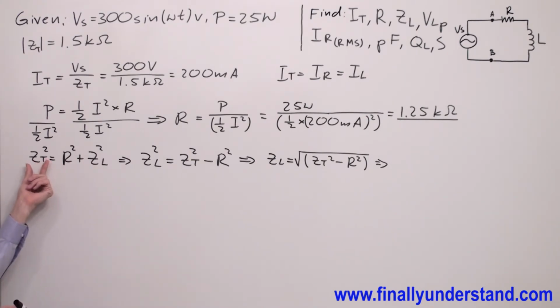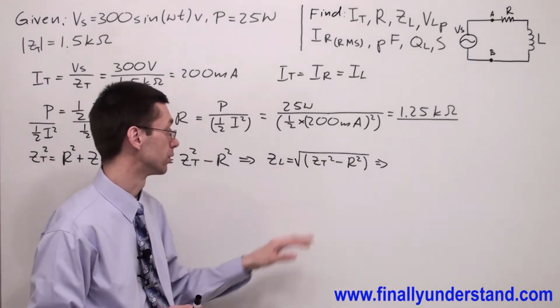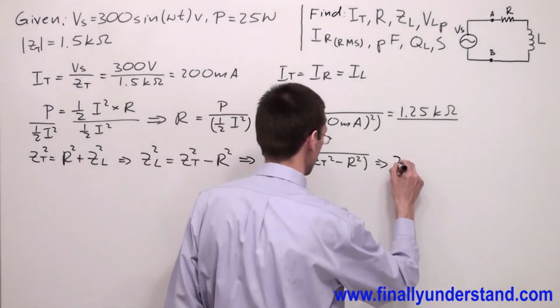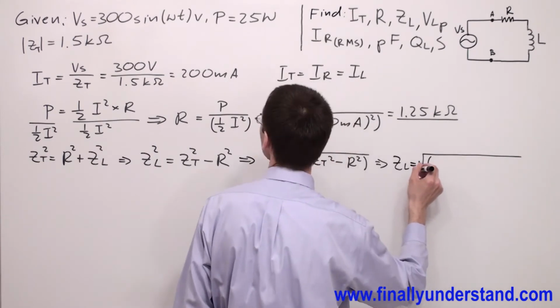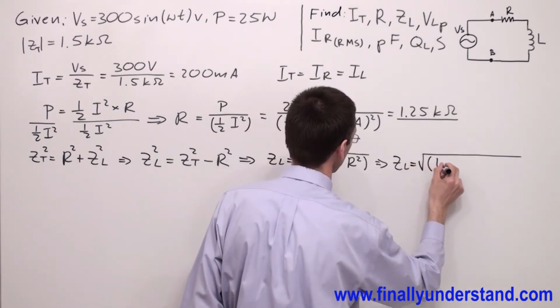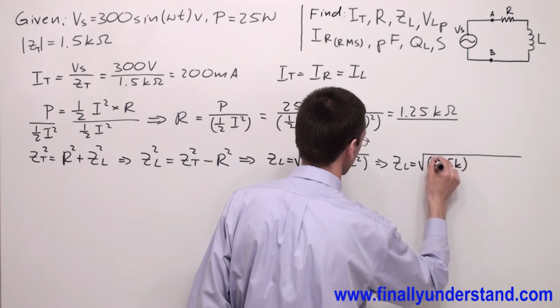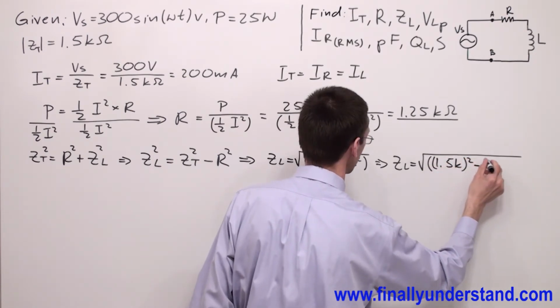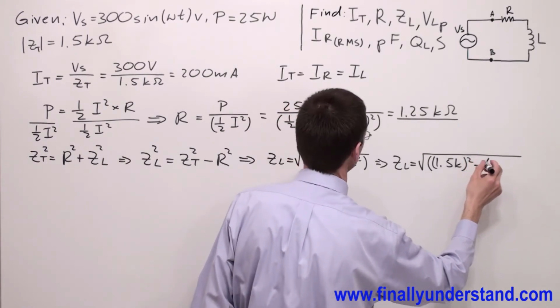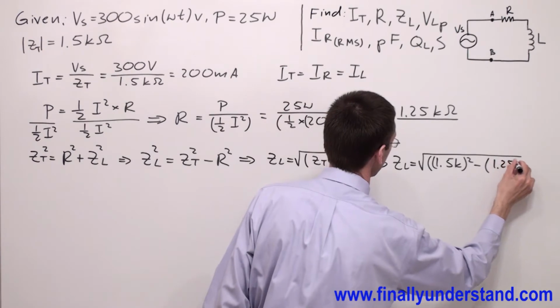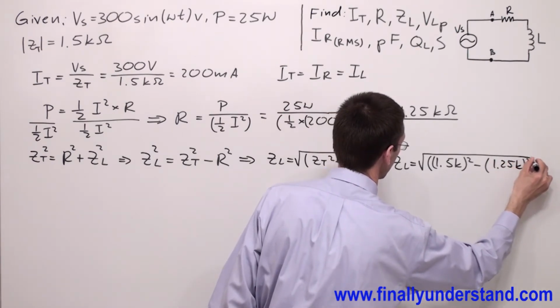If you would have the angle given, you're supposed to simply use the calculator to calculate ZL, but at this moment we're supposed to use this method. So I have ZL equals square root, open parenthesis, Z total, which is given 1.5 kilo to the second power minus R, which is equal to 1.25 kilo to the second power.